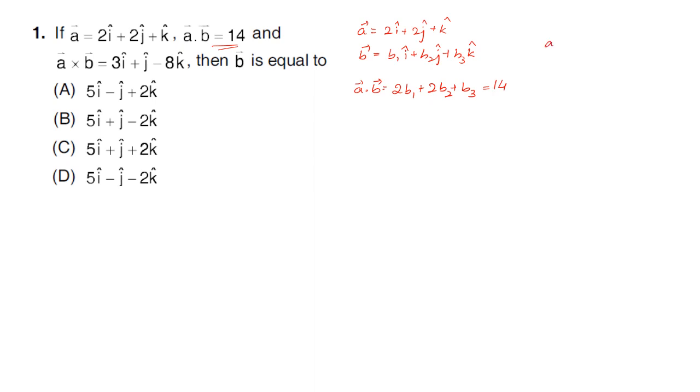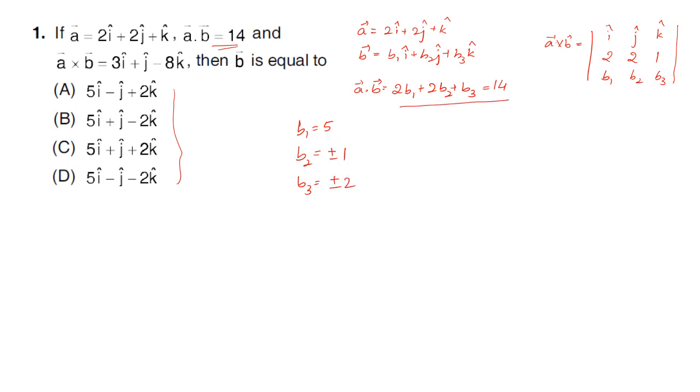Then A cross B means I, J, K. Then A1 is 2, A2 is 2, A3 is 1. So B1, B2, B3. So from the options one can see that the value of B1 is 5, B2 they have given as plus or minus 1, and value of B3 plus or minus 2.